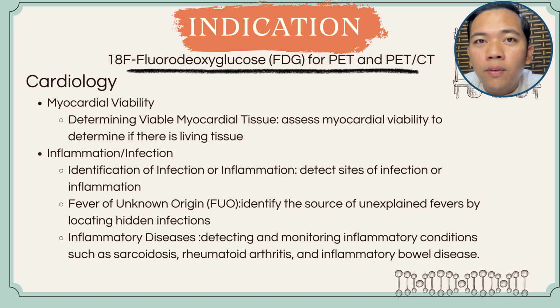So for fever of unknown origin, PET scan can help identify the source of unexplained fever by locating hidden infections or inflammatory processes. In inflammatory disease, PET scans are useful in detecting and monitoring inflammatory conditions such as sarcoidosis, rheumatoid arthritis, and inflammatory bowel disease.